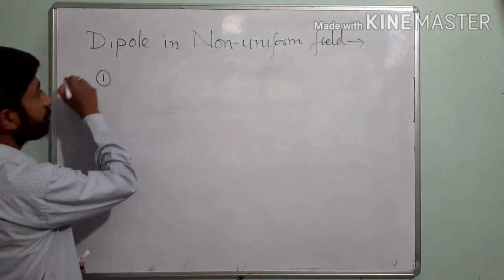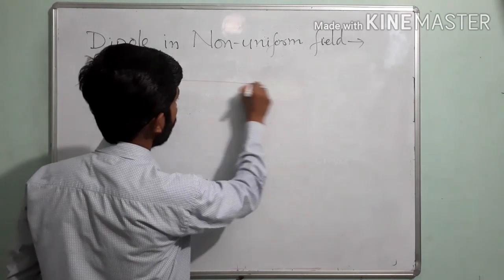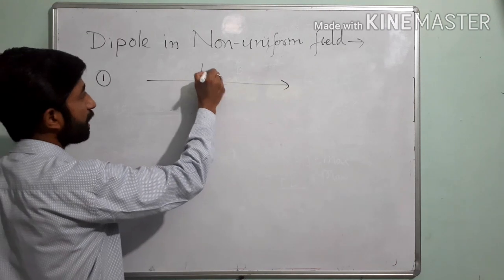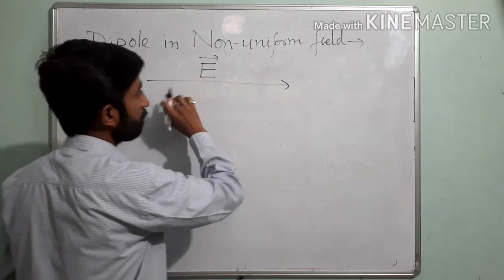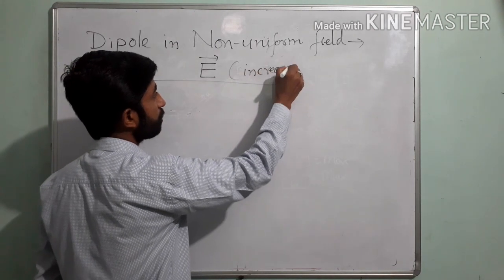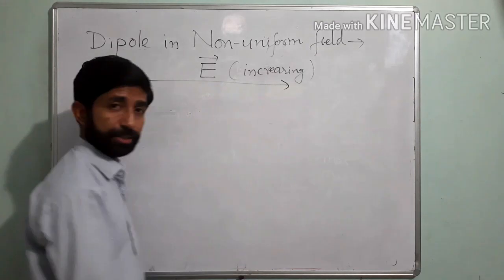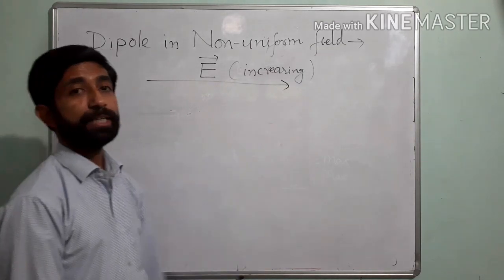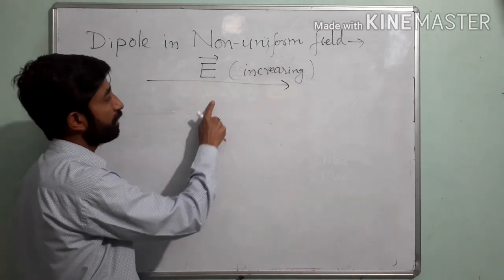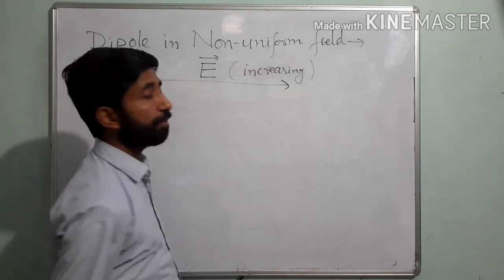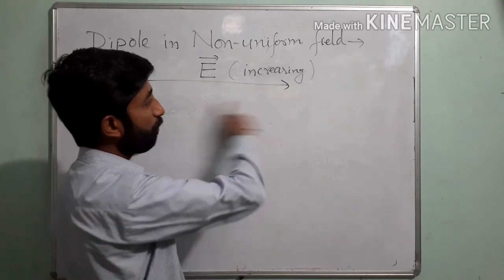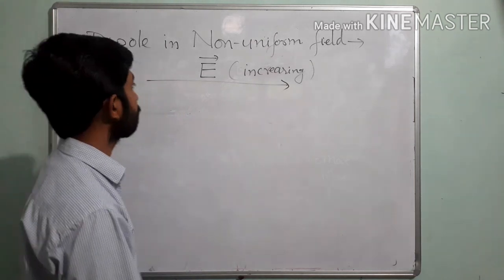First case: suppose we have a non-uniform electric field, shown by this black arrow E, and the field is increasing in this direction. Say this is 1 Newton per coulomb, this is 2 Newton per coulomb, 3, 4, 5, 6, and this way the strength of the electric field increases as we go along the x-axis.